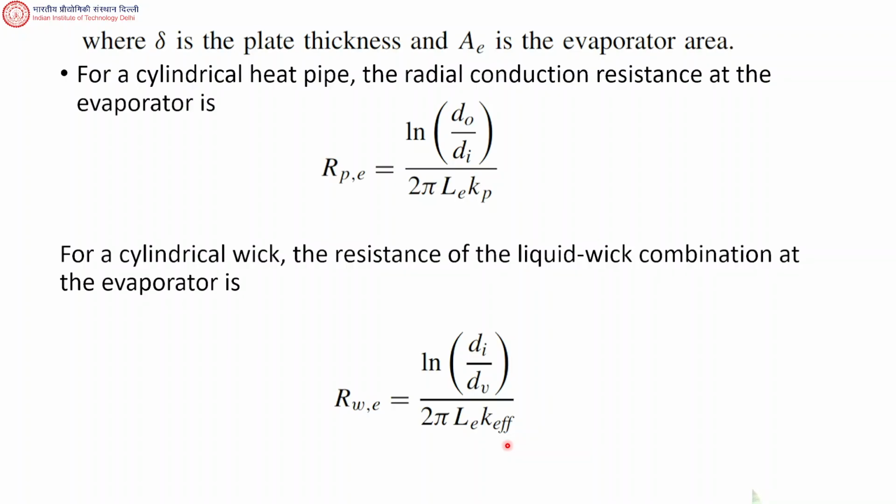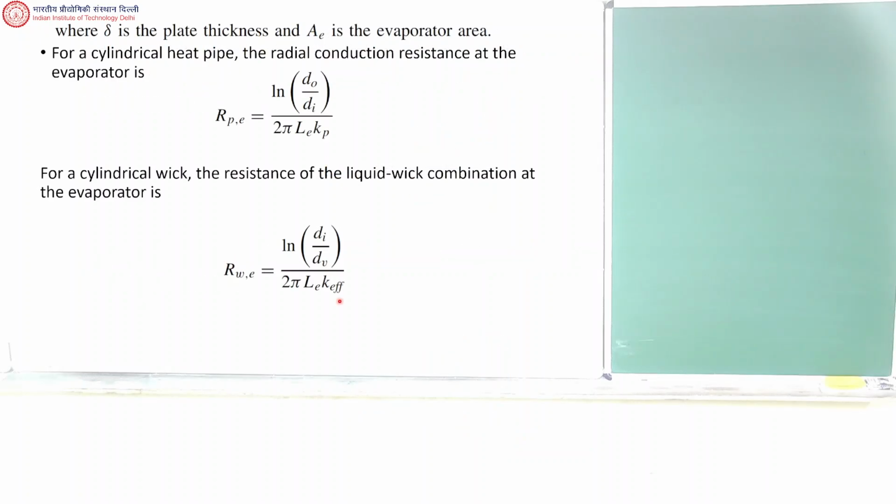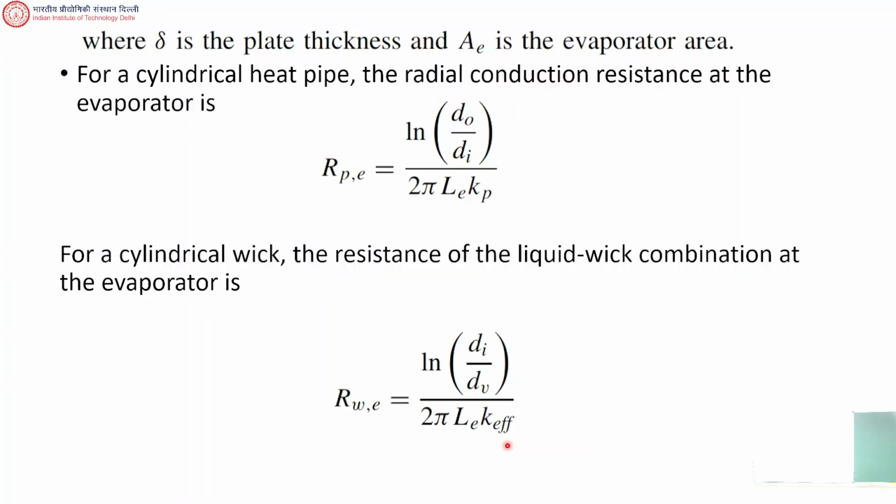So if you have some meshes wrapped on one another, then it has got the metal of the mesh, but it also got the liquid in the spaces between those wires of the mesh, correct? So the liquid will saturate the space that is available to it.